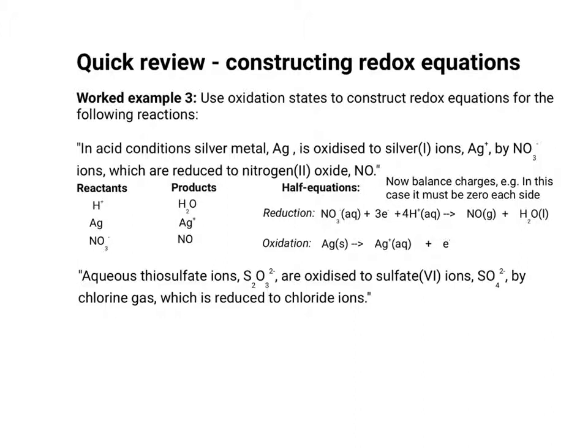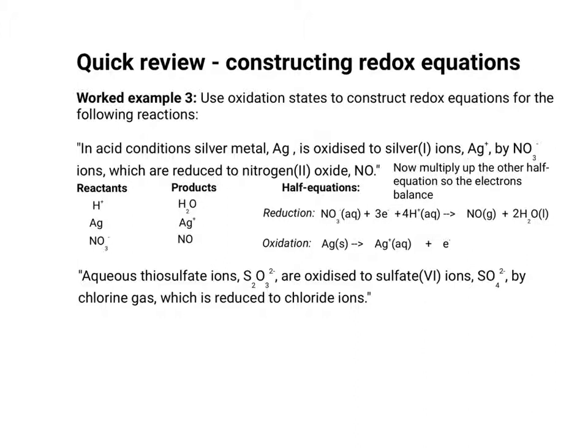So like we said earlier, you can use the H pluses to do that. So 4 H pluses will balance 4 negative charges, so the left-hand side is now also 0. Now you can use the water on the right-hand side to balance the H pluses that you've got on the left. By doing this, it will automatically balance the oxygens for you on both sides.